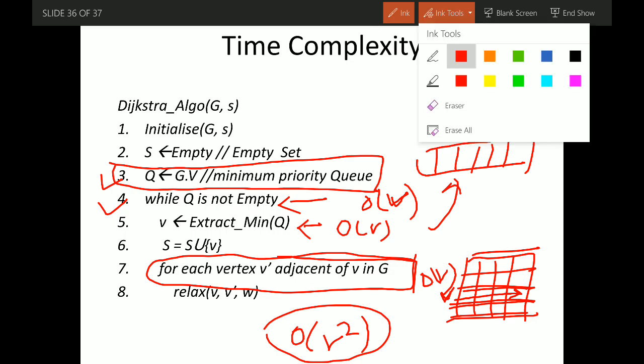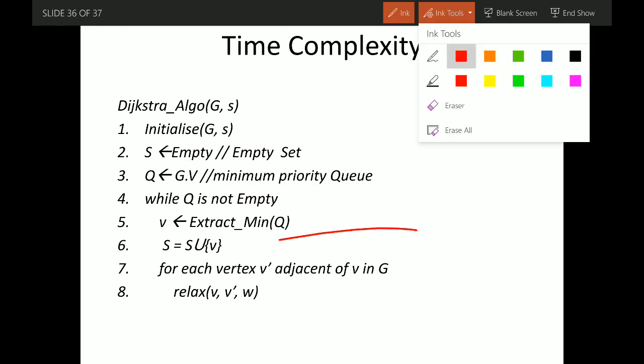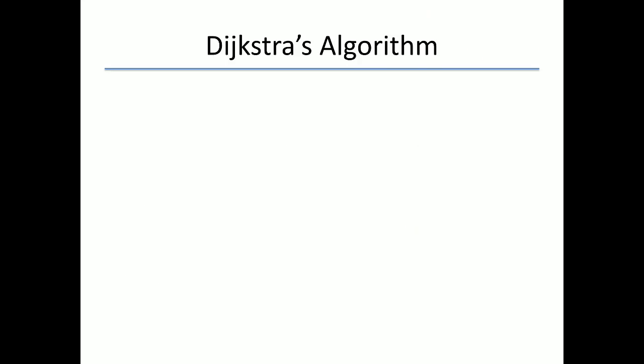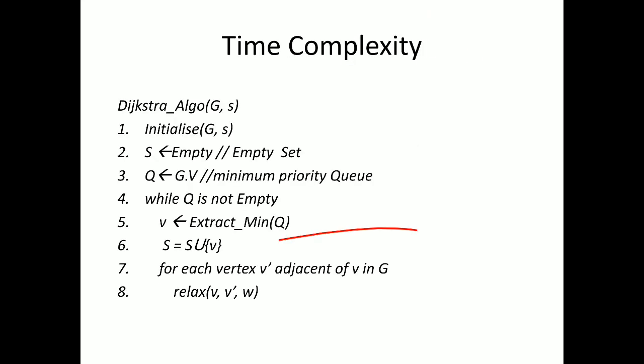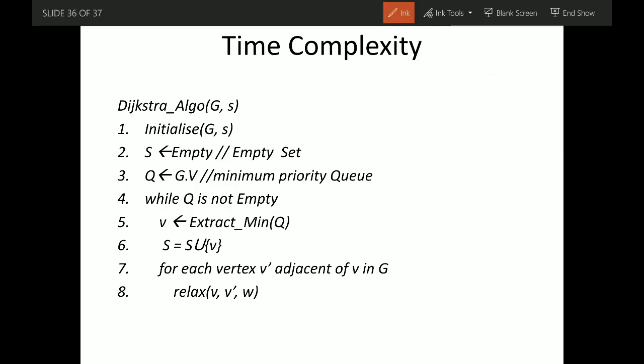There is another version that you can implement if you want to decrease the complexity. If you want to have less complexity compared to V squared, you can implement the minimum priority queue using a binary heap.